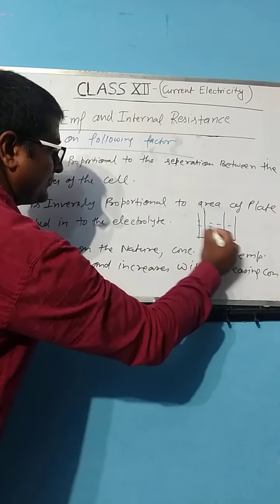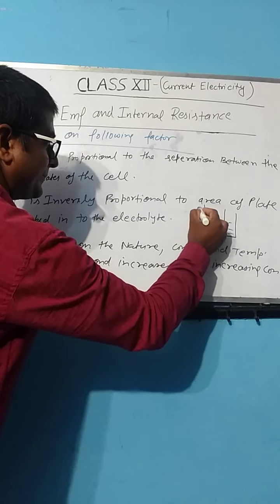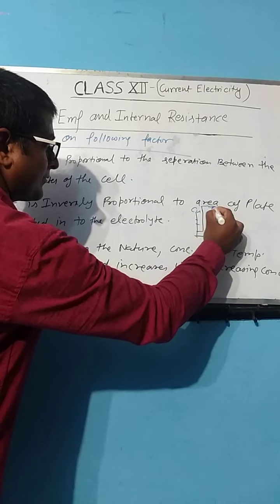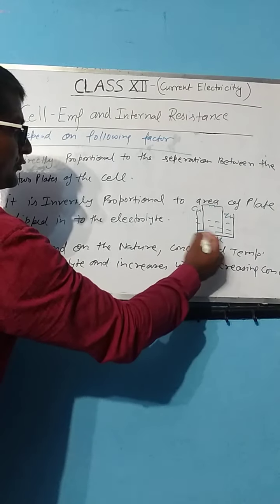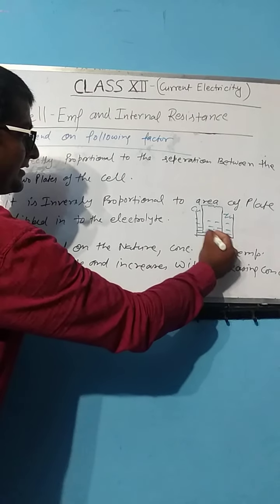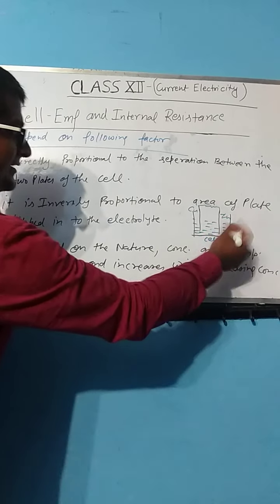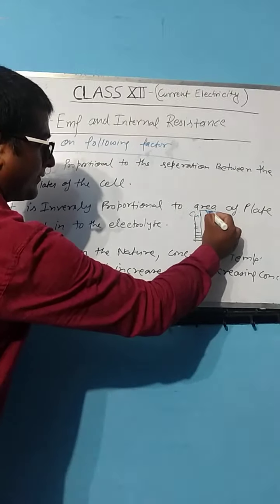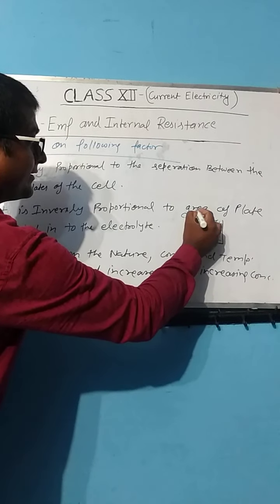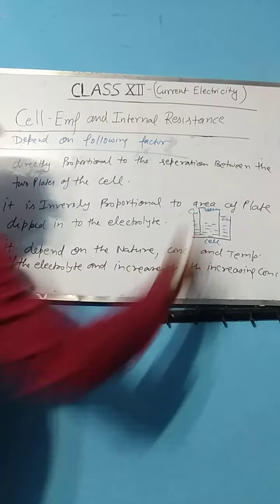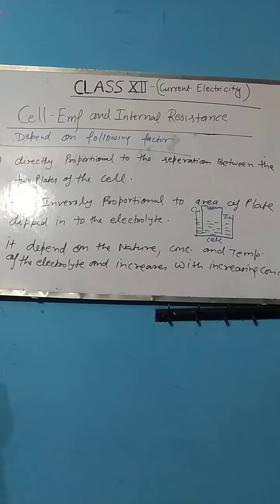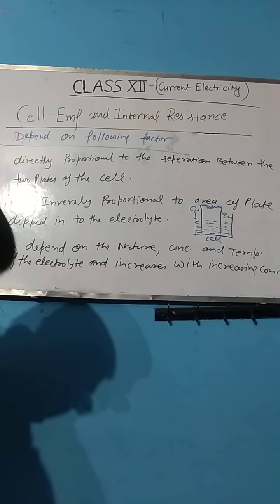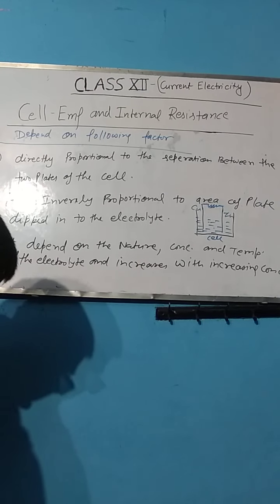Here is the electrolyte solution, and this is the copper plate and this is the zinc plate, okay. So the cell diagram will be like this. This is not the diagram, this is the cell. We can see it in the lab. Okay, copper and zinc, two plates are there. After this, we have to go for the connection of the cell.